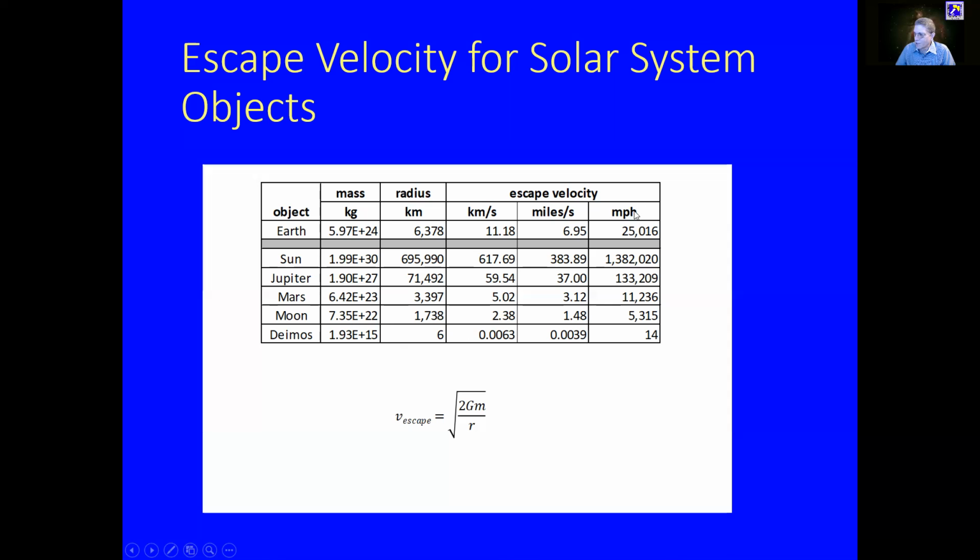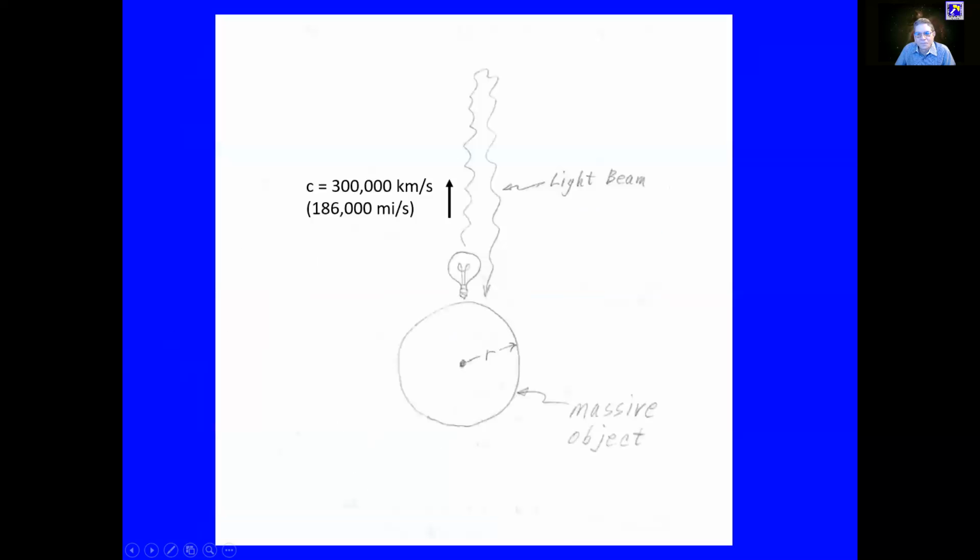If you look at it in terms of miles per hour, 14 miles per hour would be enough to reach escape velocity for Deimos. In other words, if you were a really fast runner, you could run fast enough and escape Deimos altogether just by running. So you fast runners, think about that. Anyway, these are calculations for objects within our solar system, the escape velocity for those objects.